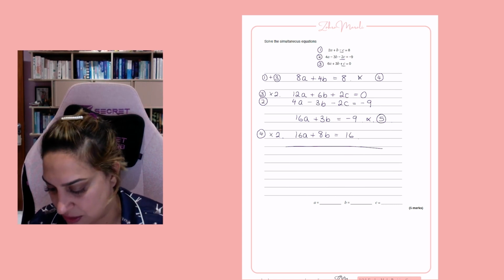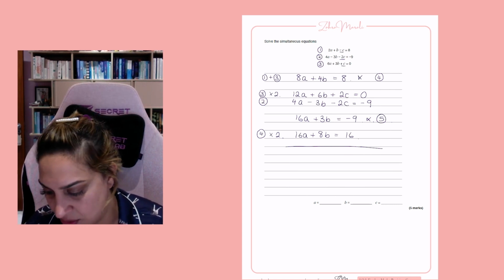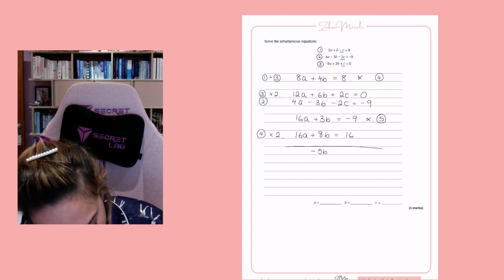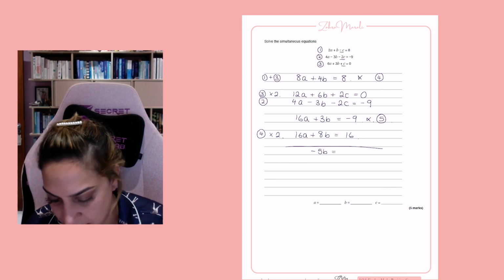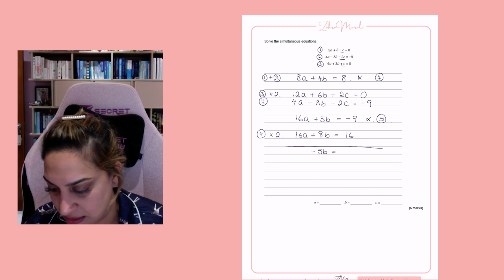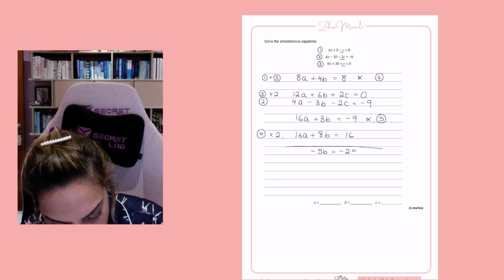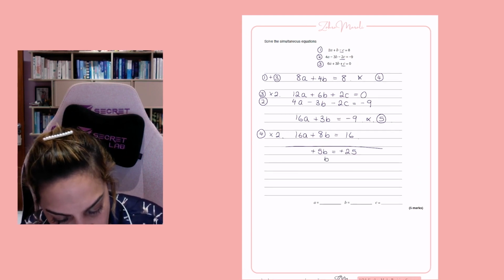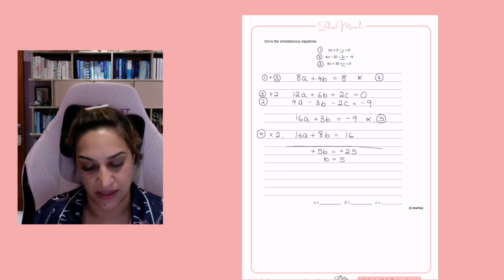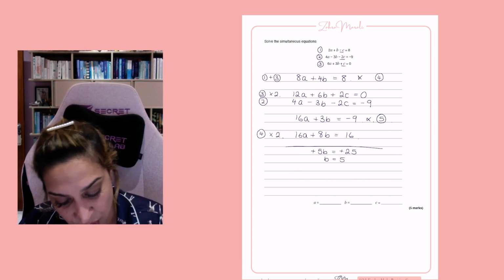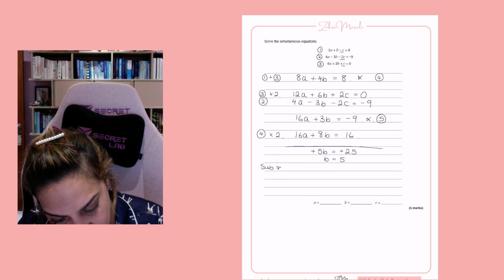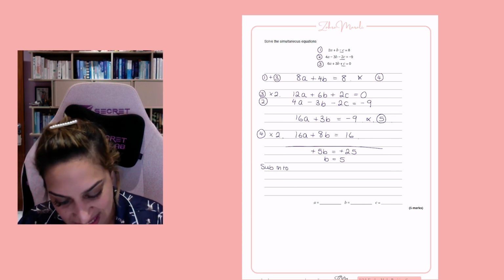Right, so I can do 3 minus 8, which is going to give me minus 5b. And I've got minus 9 minus 16, which gives me minus 25. So I can see that b equals 5. Right, now I can find a. So I'm going to sub that into any of them.